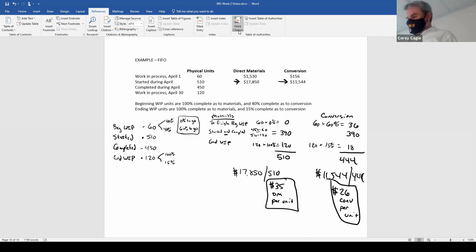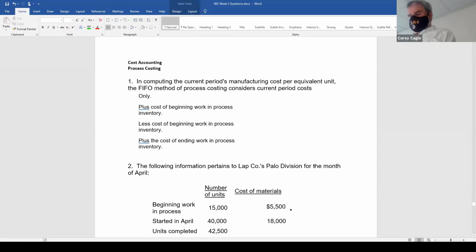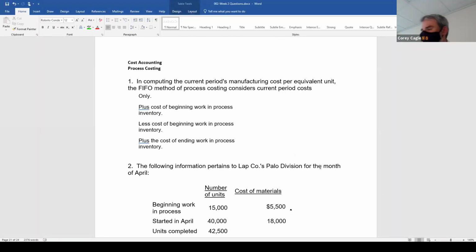Okay, so that's FIFO. Let's look at our questions. So number 1, this is just a conceptual question here. In computing the current period's manufacturing cost per equivalent unit, our step 3, right? Cost per equivalent unit. The FIFO method of process costing considers current period costs only.